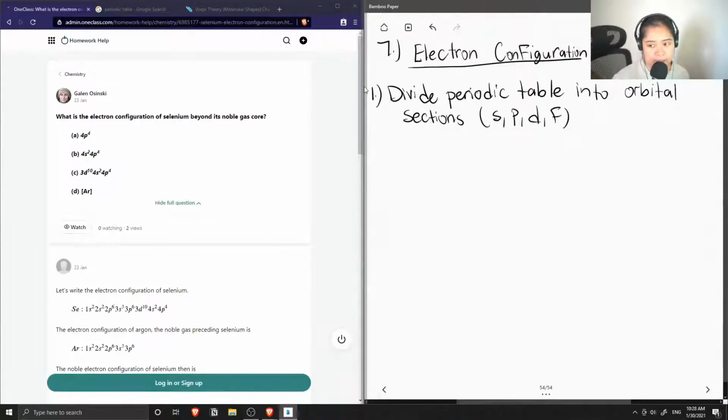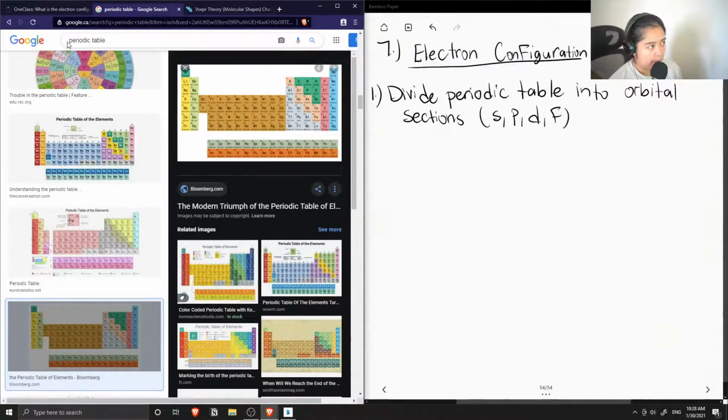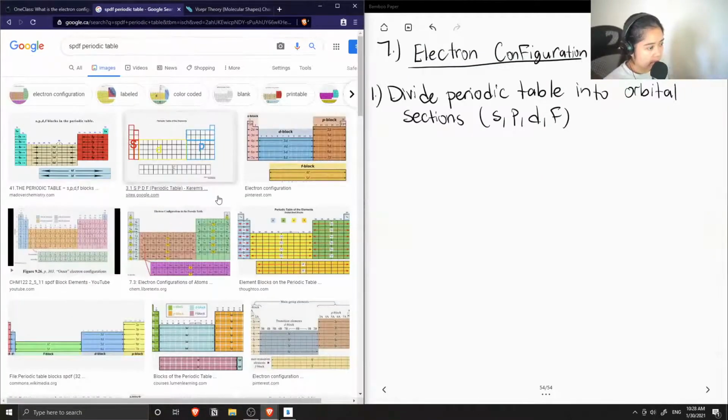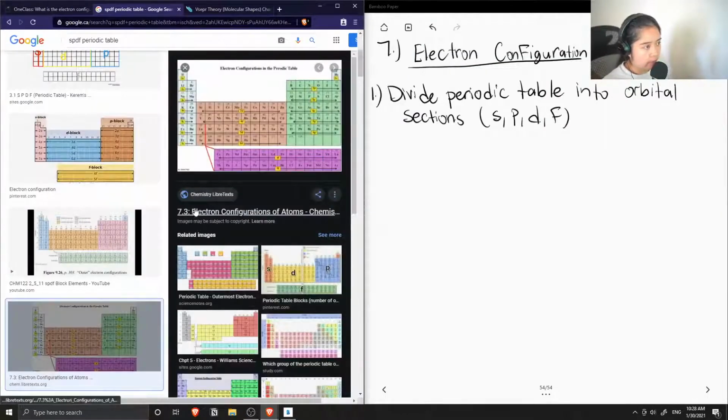Typically in a chemistry exam, you're given a periodic table, so it's important to know how to divide it into these orbital sections. So let's look up what that might look like. This is the periodic table broken up into the sections.